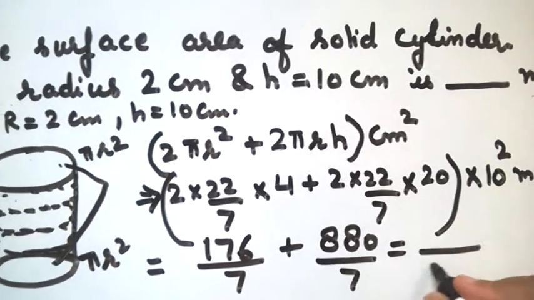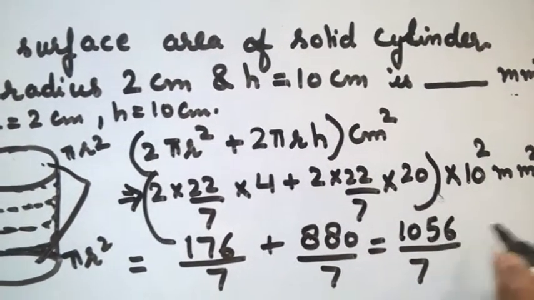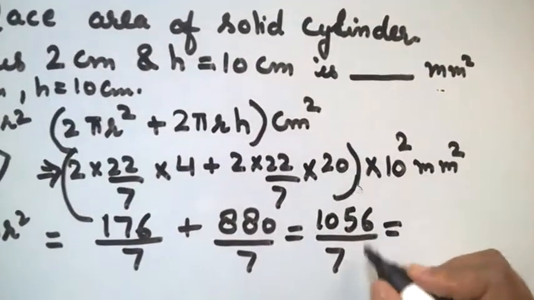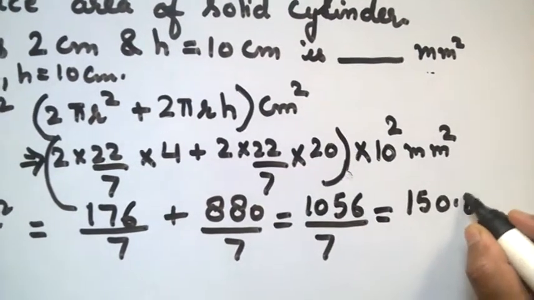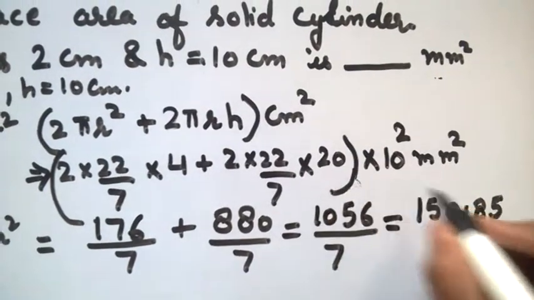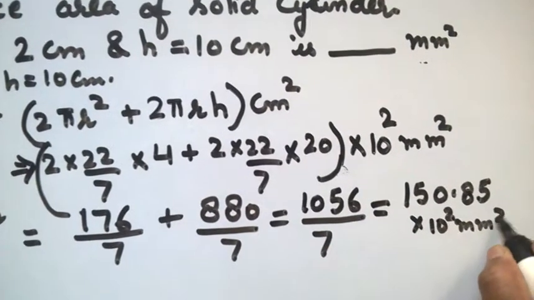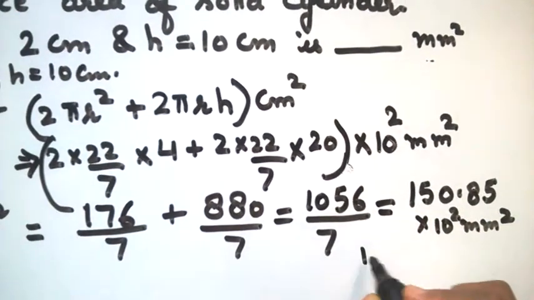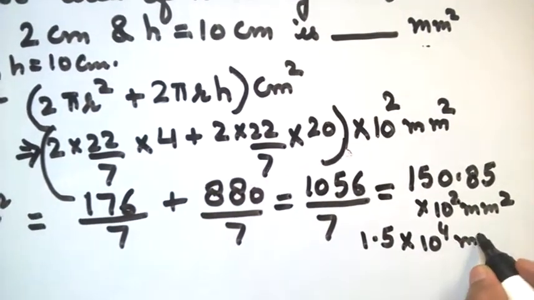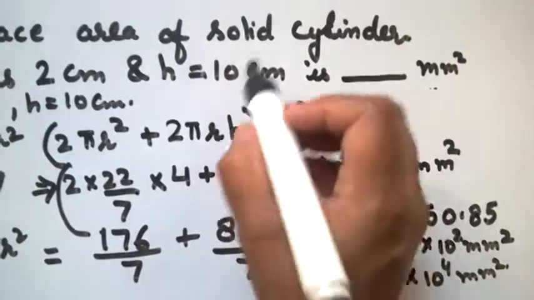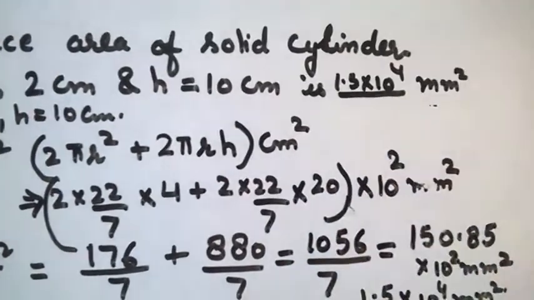When we add it, we get the value which is equal to 1056 by 7, and after solving it we get 150.85 into 10 raised to the power 2 millimeter square, or we can write it as 1.5 into 10 raised to the power 4 millimeter square. So this is the answer, 1.5 into 10 raised to the power 4 millimeter square.